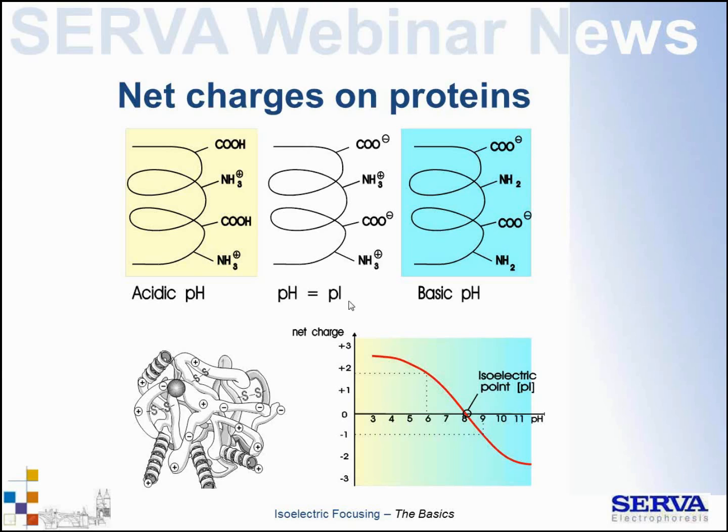So each protein, for instance, has really a different isoelectric point from another one. There is a second thing which you should always bear in mind. Also, the net charge curve of each protein is very individually shaped. So when you plot the net charges over a pH scale, you will get a very typical shape of the net charge curve, where the intersection with the x-axis is the isoelectric point.